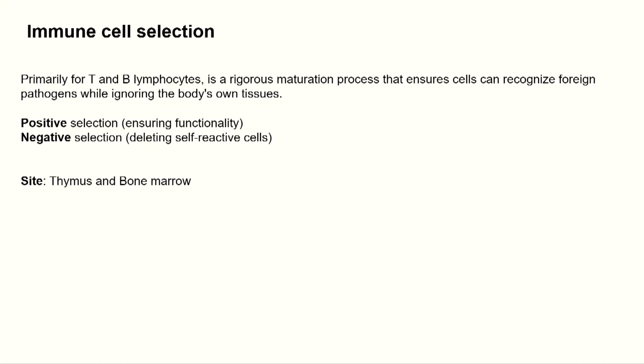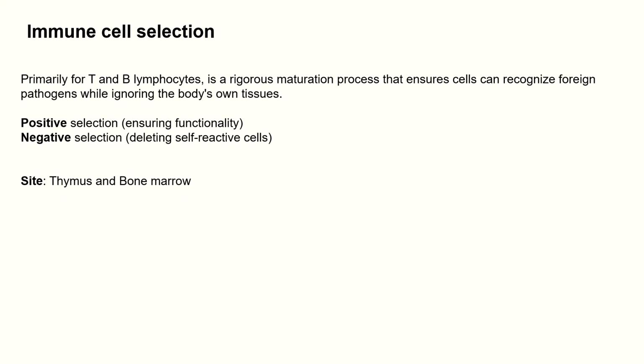So let's move on and see what immune cell selection is. We primarily know that there are two types of lymphocytes, T and B cells. There is a maturation of the lymphocytes because of the foreign pathogen, and they can be produced in large quantity. And there are two types of selection processes that are reported.